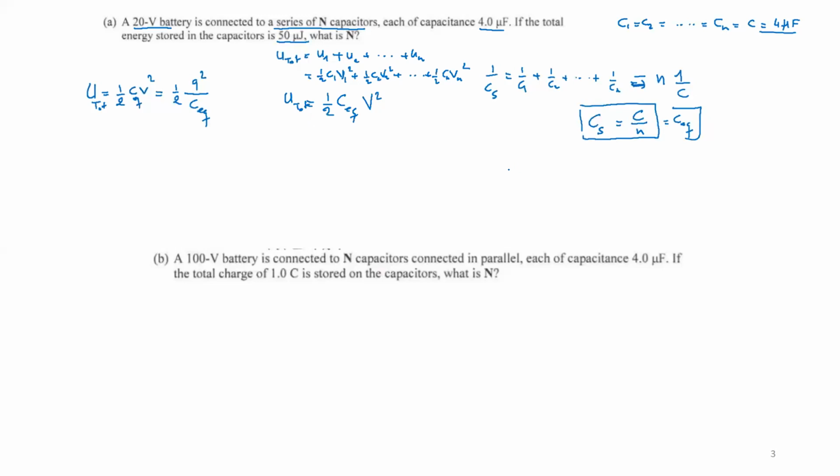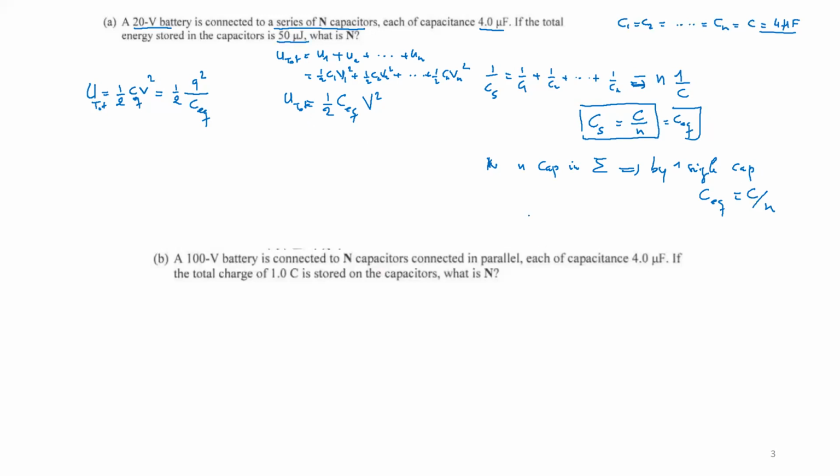This is why I said you can replace these N capacitors in series by one single capacitor with C equivalent. And you know that C equivalent will be just C divided by N because all of them are identical.